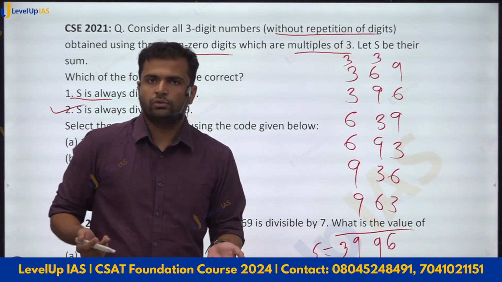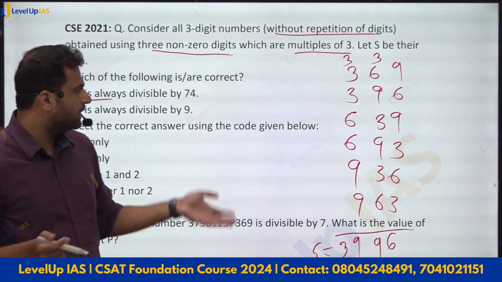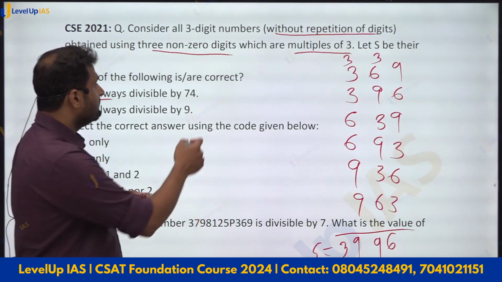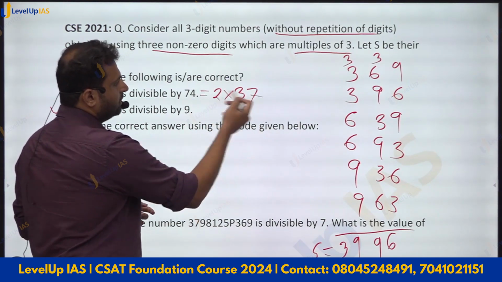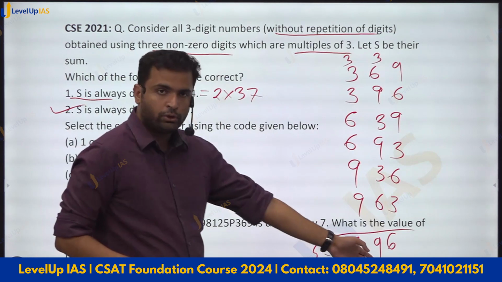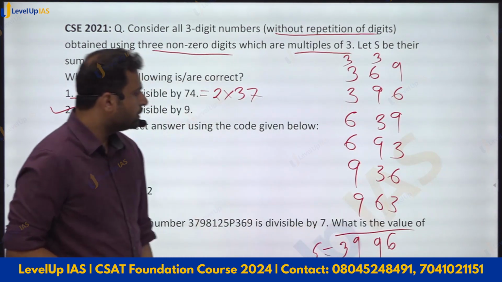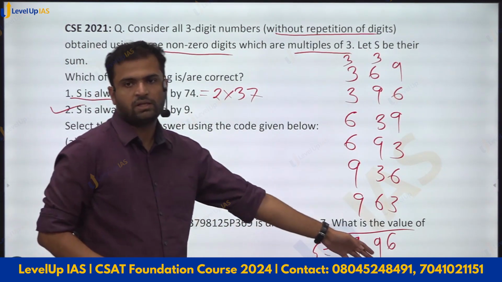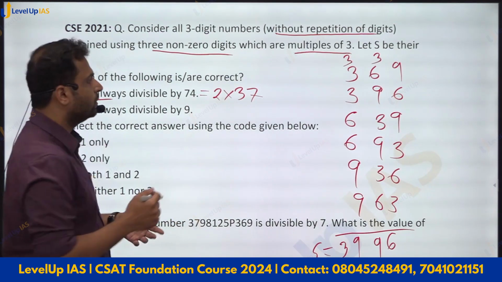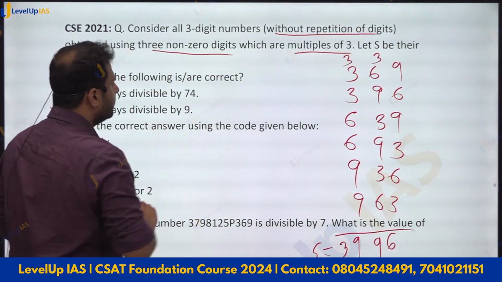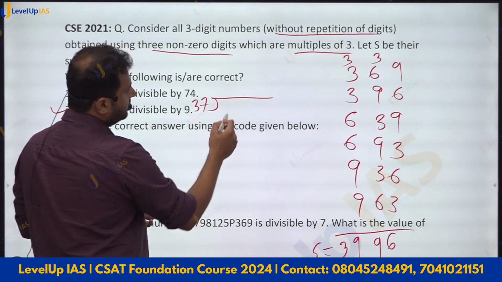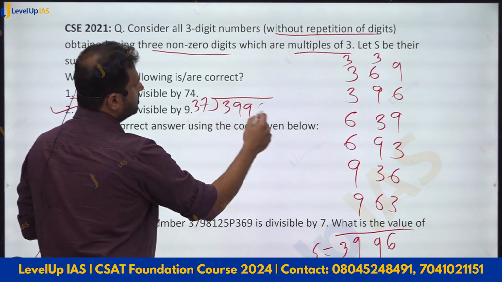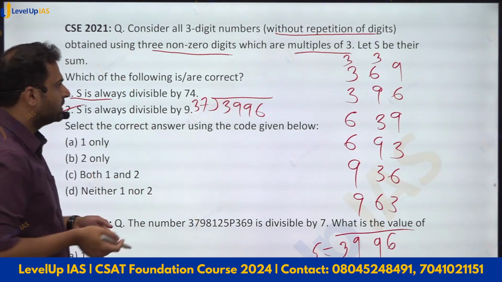And this you have to check. Now, of course, nobody would be familiar with the table of 74, but you can write 74 as 2 into 37, prime factorization. Now this is divisible by 2, yes, of course. Now we just have to check if this number is divisible by 37. There is no alternative to it. We have to perform the long division. We have to divide this 3996 by 37, but it is not such a difficult task.